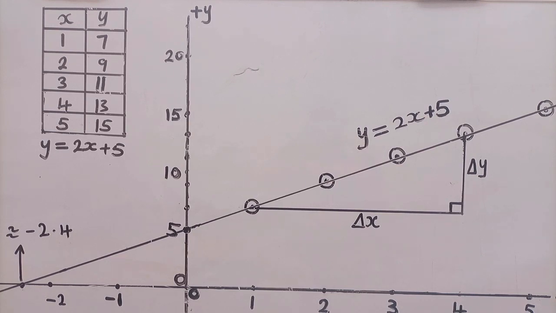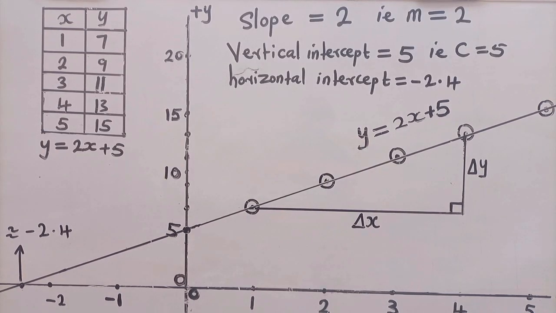Now, we have found the slope and intercept of that same sketch. Let us recall what the slope and intercepts are. We recall that the slope we got was equal to 2. Symbolically, m is equal to 2 because m is a symbol of slope. Also, the vertical intercept, we got it to be equal to 5.